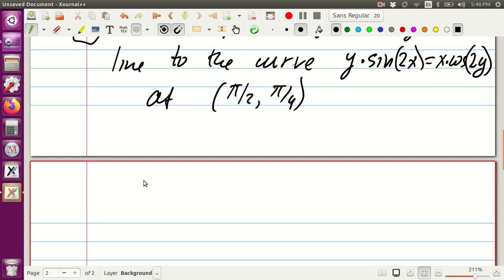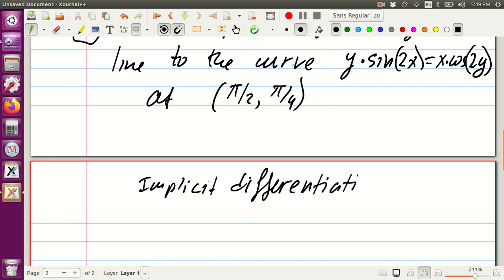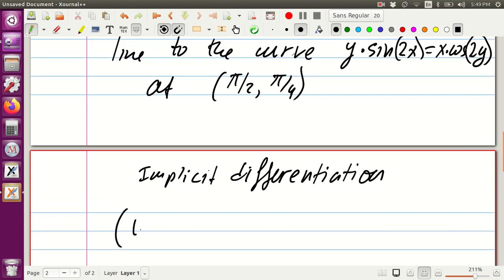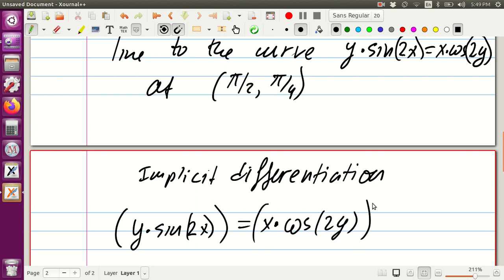So we're going to use implicit differentiation. Take the derivative of the left side, which is y times sine of 2x, and take the derivative of the right side, which says x times cosine of 2y.